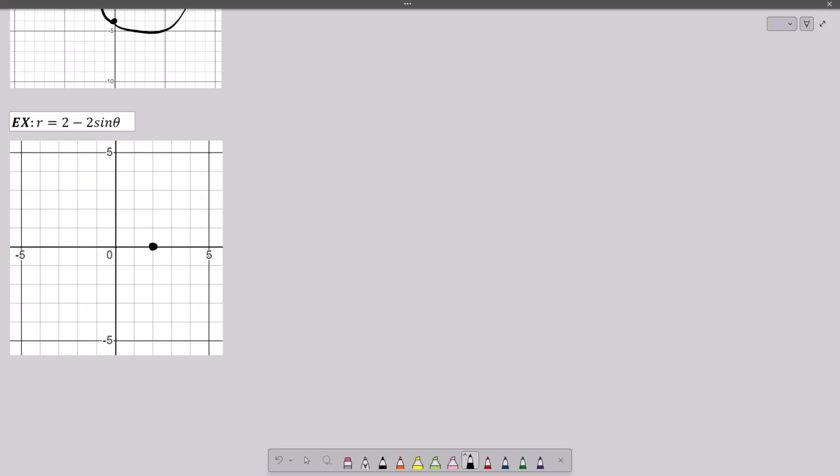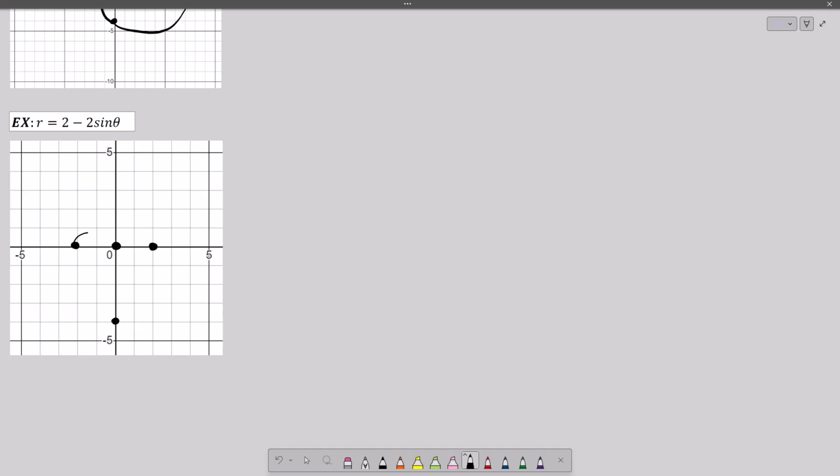Pi over 2 direction? 0. In the pi direction? So we're going to end up at negative 2, so we're going positive 2 in the pi direction. So we're going to the left. And then 3 pi over 2? 4.